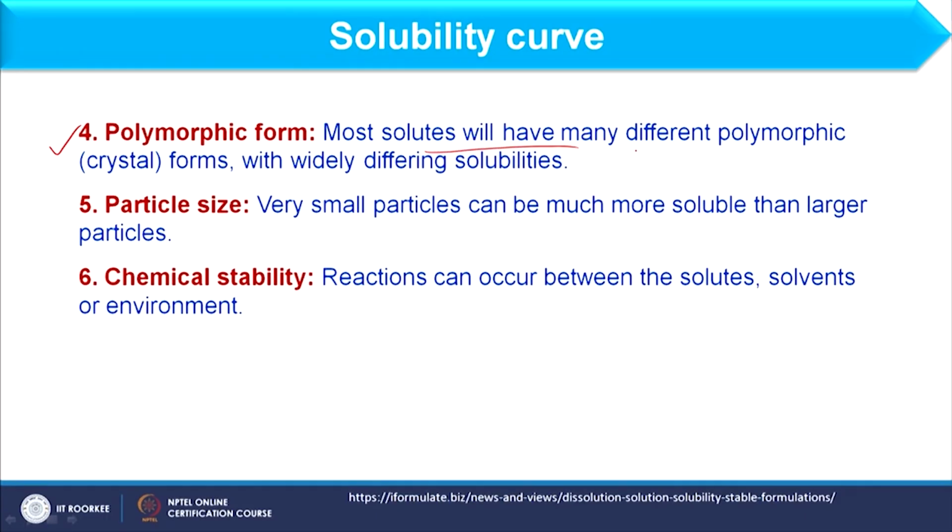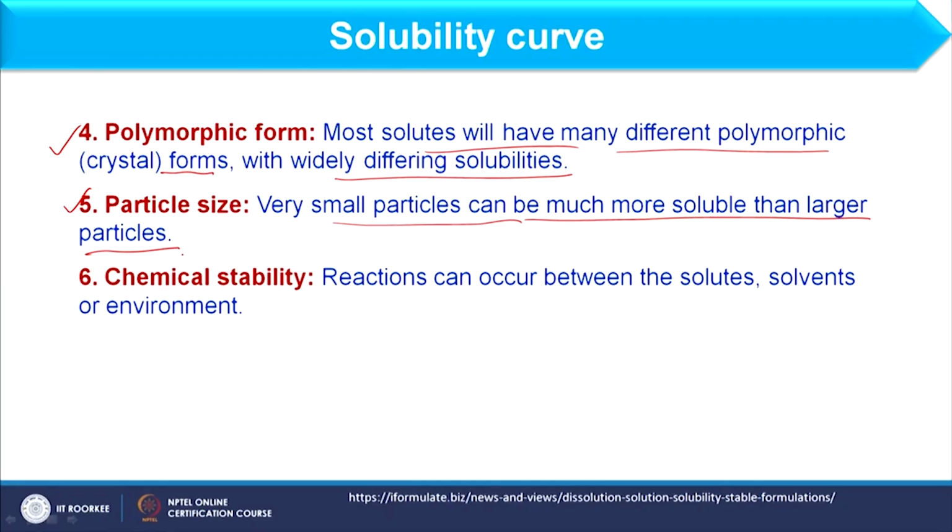Most solutes will have many different polymorphic forms, which we consider as crystals with widely differing solubilities. Now we have the particle size. Very small particles can be much more soluble than larger particles, so solubility will depend on the solute particles also.